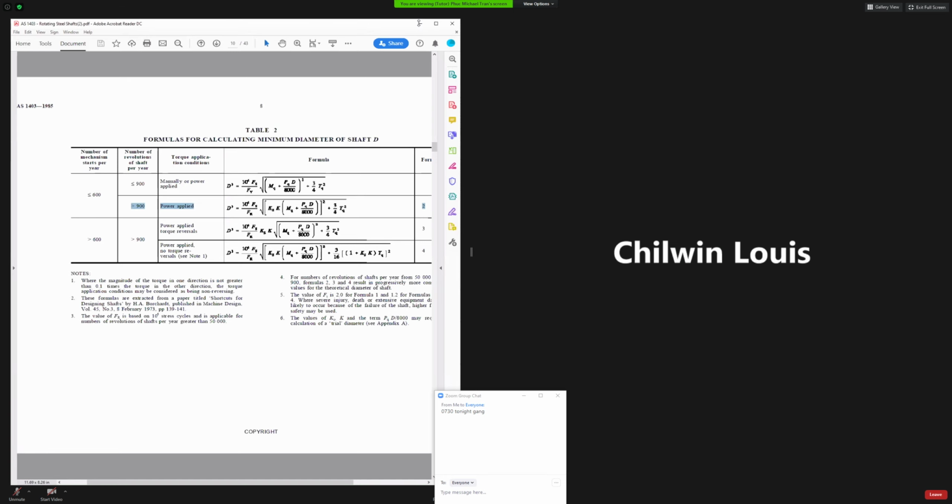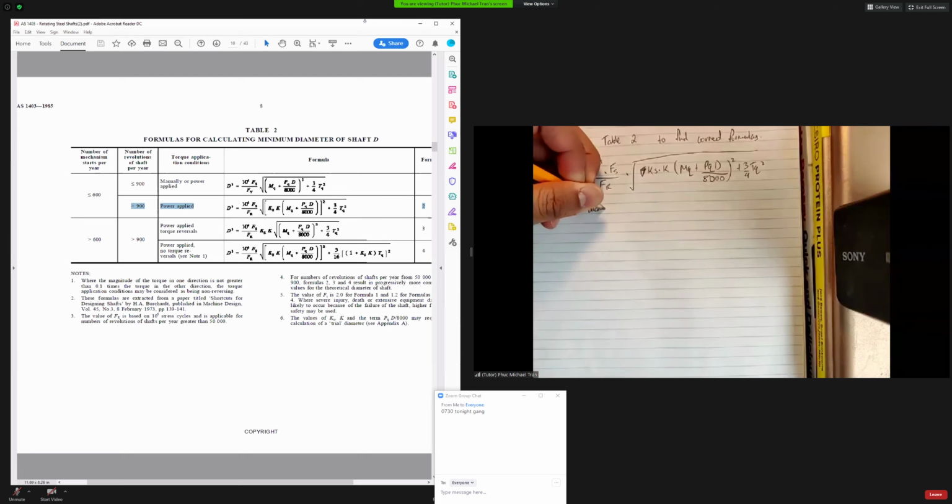We'll just go through what each one is. D is going to be your diameter. The FS is the safety factor.